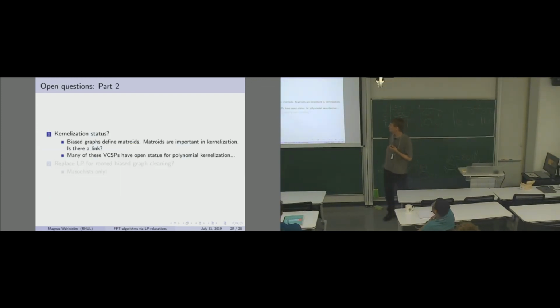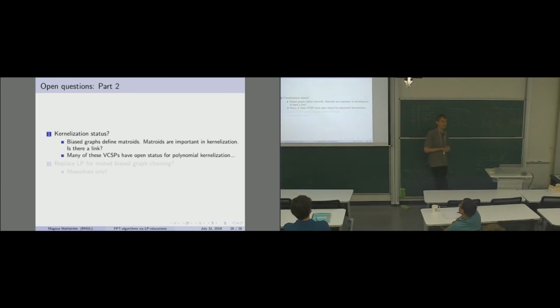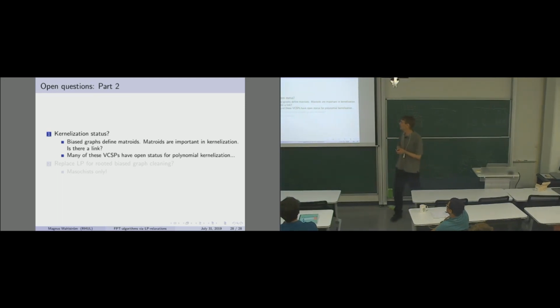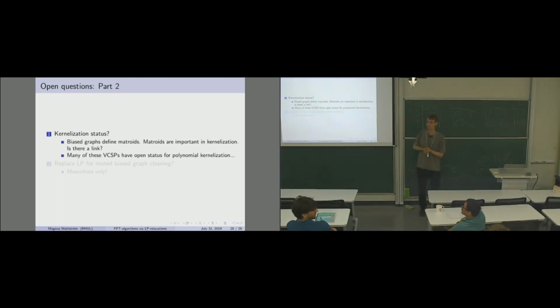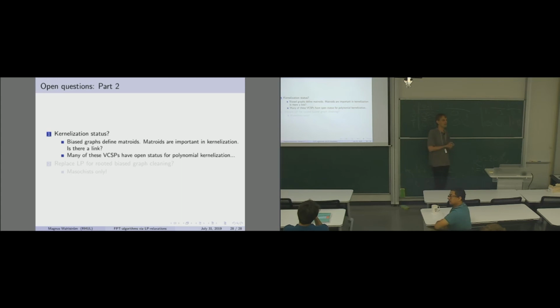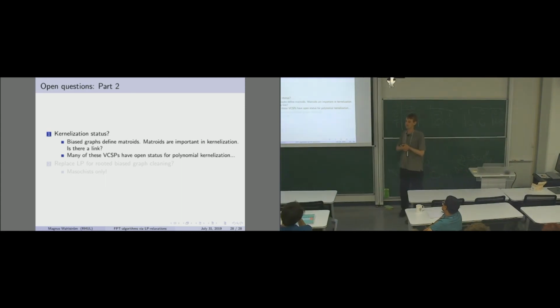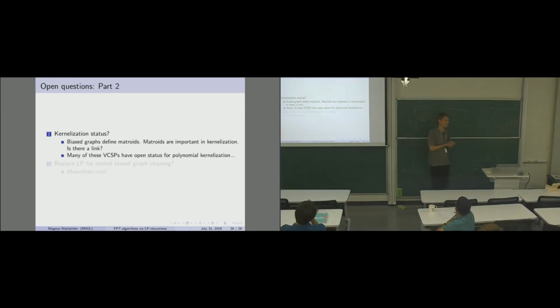Last set of open problems. This talk has been full of annoying coincidences. Another coincidence, biased graphs. The condition of biased graphs happens to be the defining property of an extremely important class of matroids, many of which are representable.